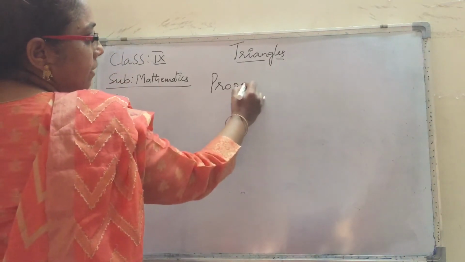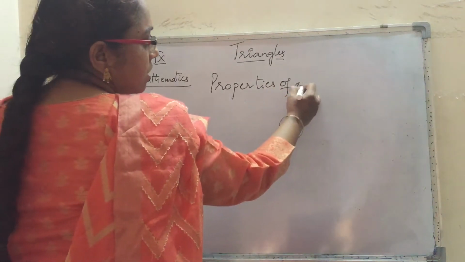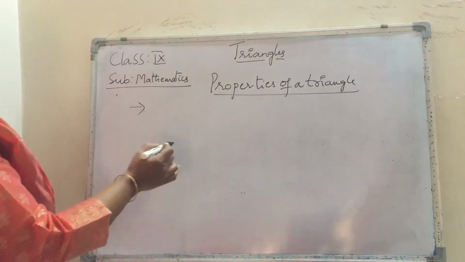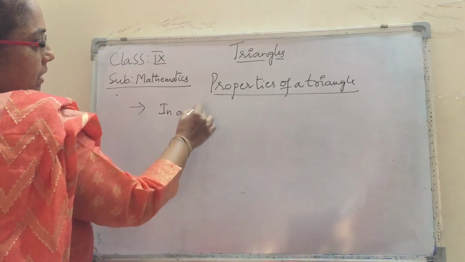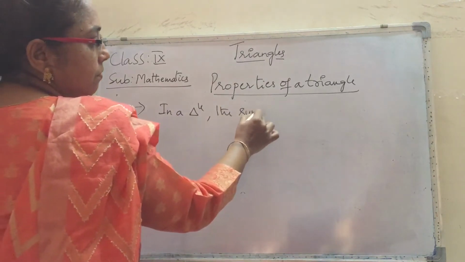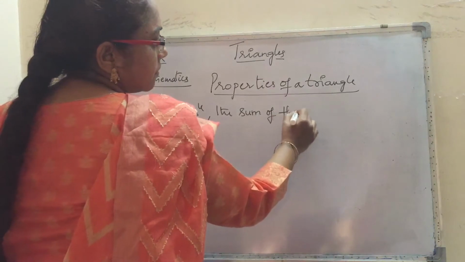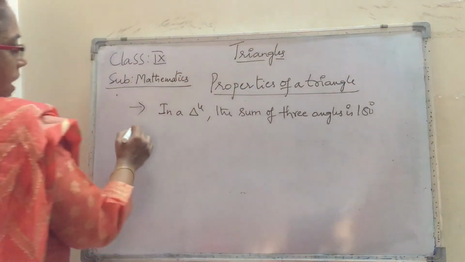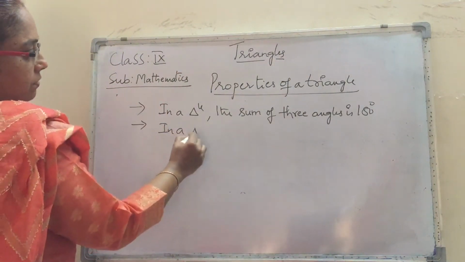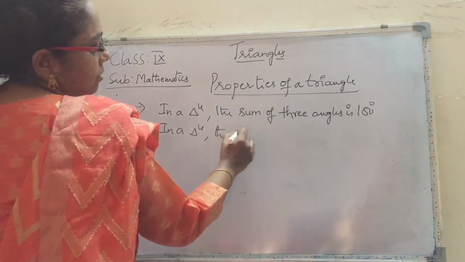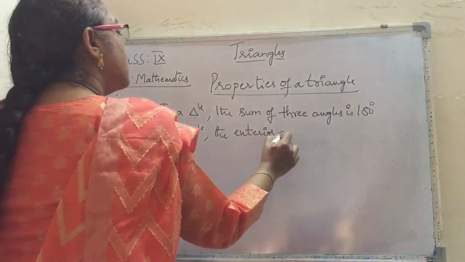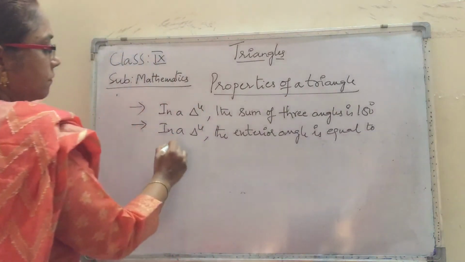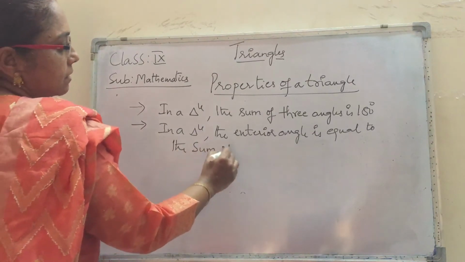We have, in a triangle, the sum of 3 angles is 180 degrees, and the second one, in a triangle the exterior angle is equal to the sum of 2 interior opposite angles.